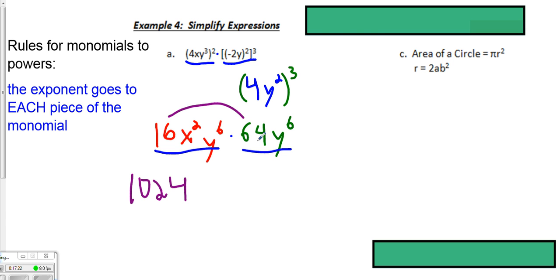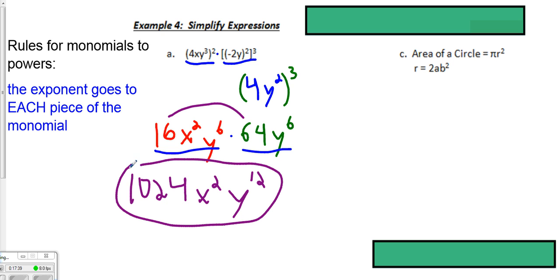X, and there's no other x's here, so it just stays as an x squared. Y to the 6th and another y to the 6th become y to the 12th. So A, this whole expression becomes 1024 x squared y to the 12th.